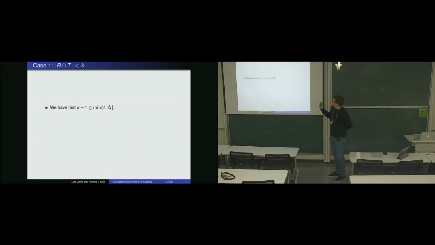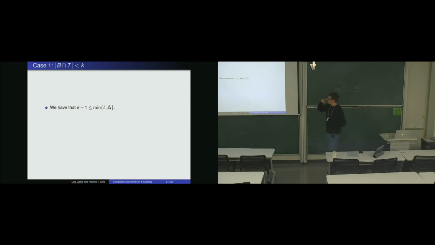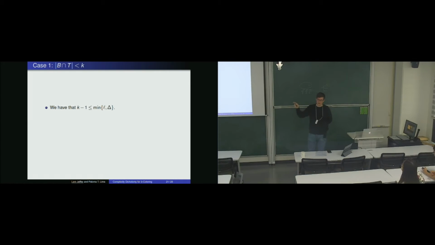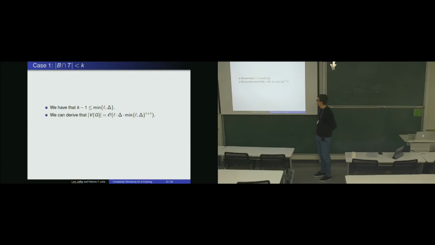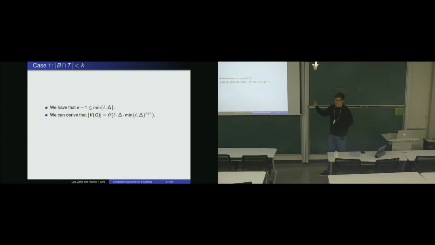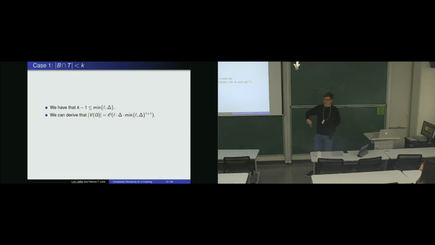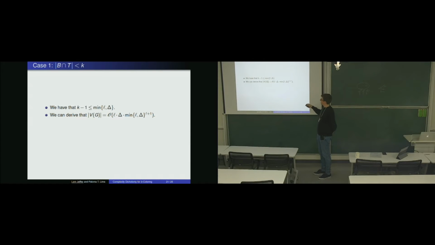Okay. Furthermore, we know that K minus 1 is at most the minimum of L and delta. This is because of an argument I skipped in the beginning, but it's not a strong assumption. Anyway, so now we can derive that if we just scramble the numbers that I showed you on the previous slide, the size of V is actually O of L times delta times the minimum of L and delta to the L plus 1.